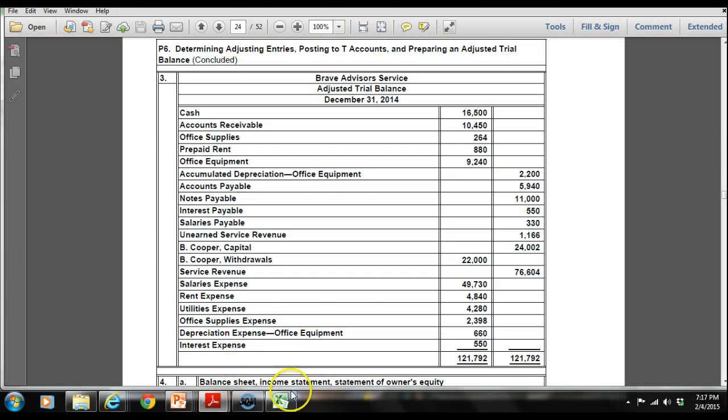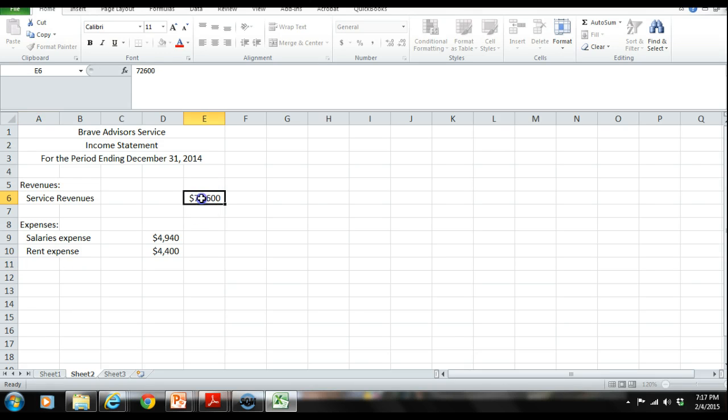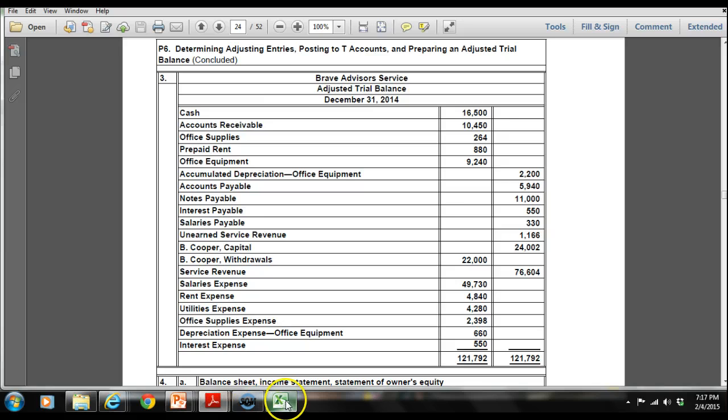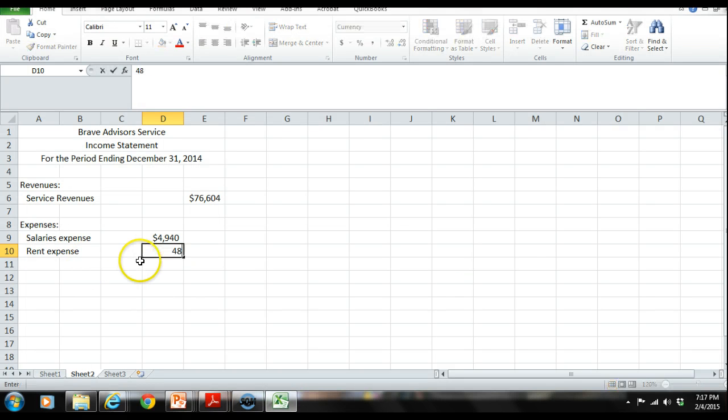Thank you. And guys, the truth is, when you're dealing with computerized software, you don't make those mistakes, okay? And the rent expense is, what did I say, 4,840. Salary expense should be 49,730. Yep, not 630, 730.